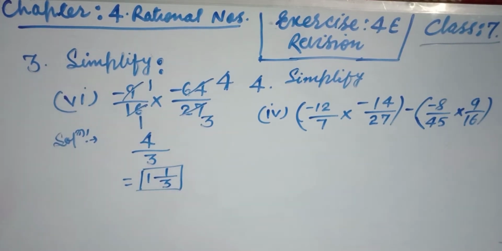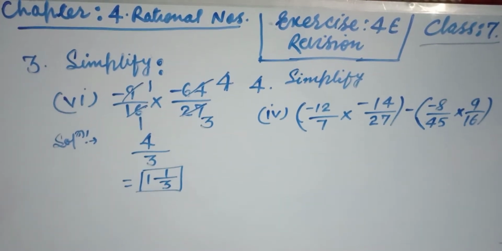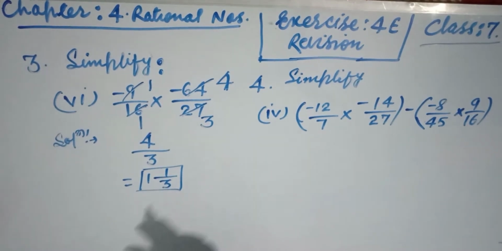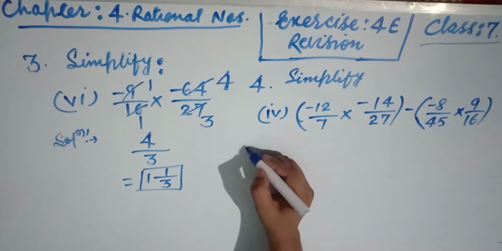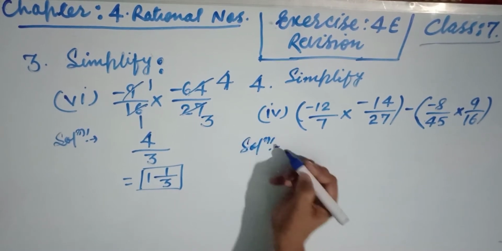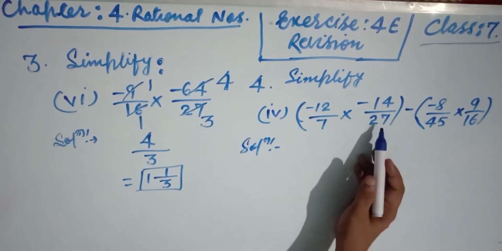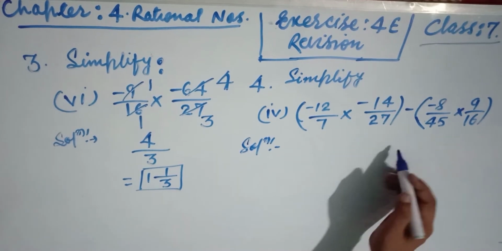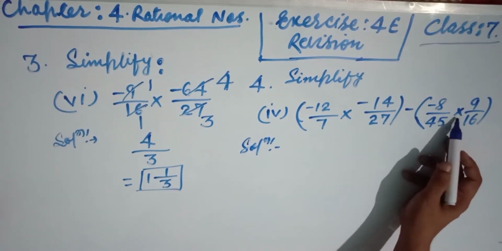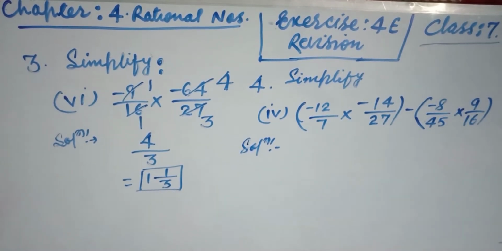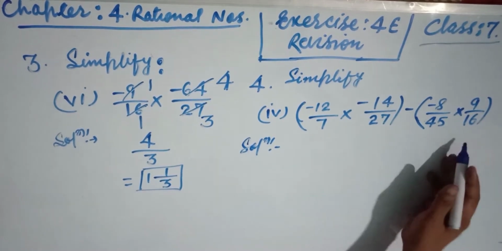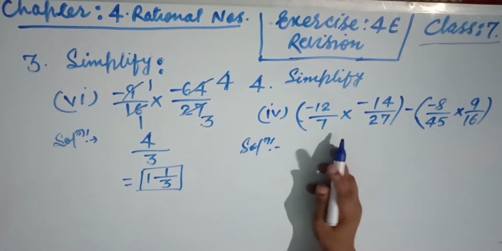Now see, friends, question number 4 and the sub-question 4, and all sub-questions are similar to question number 4. So simplify only, first write the solution. Here minus 12 by 7 multiply minus 14 by 7, the whole bracket minus, and the bracket minus 8 by 45 multiply 9 by 16, close with this small bracket. Now see, friends, first of all solve this.